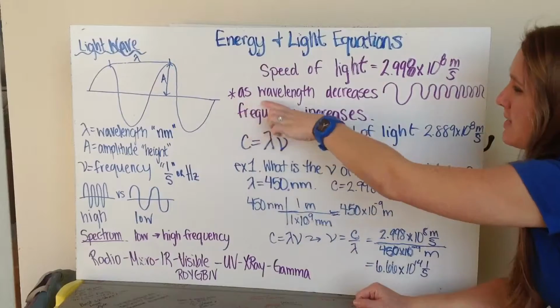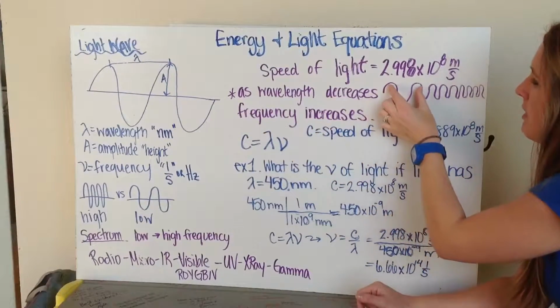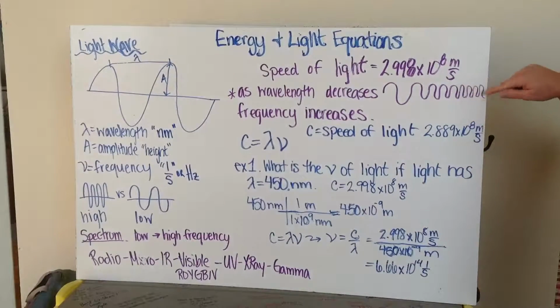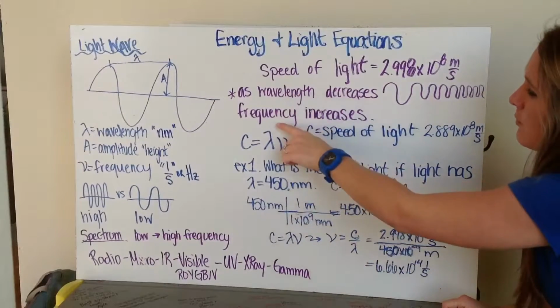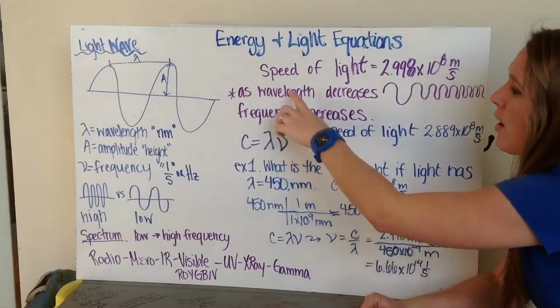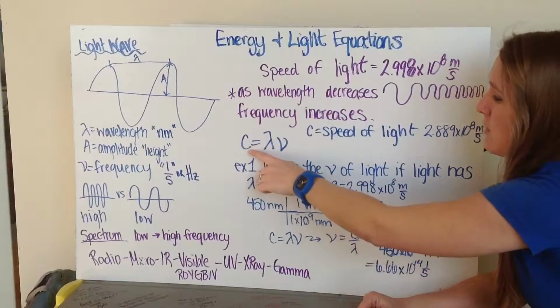You notice that as the wavelength decreases, our frequency increases. So as our waves start to get closer and closer together, that means that I'm able to have more waves per unit of time. So wavelength and frequency have an inverse relationship. Our wavelength multiplied times our frequency is equal to our speed of light.